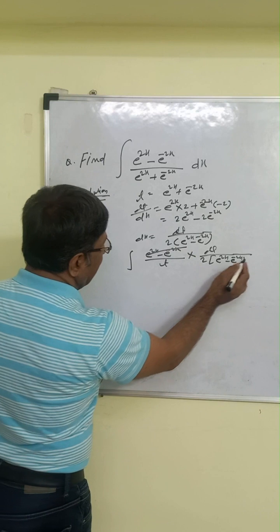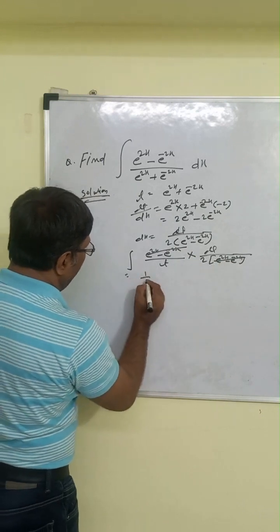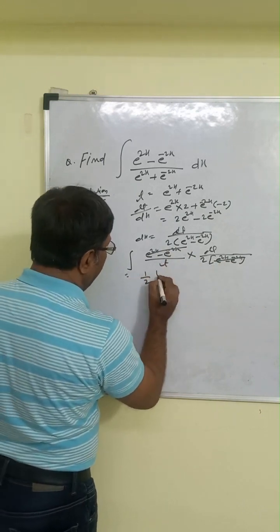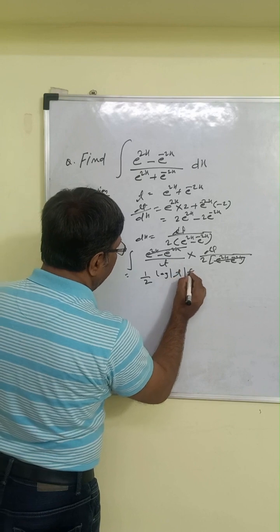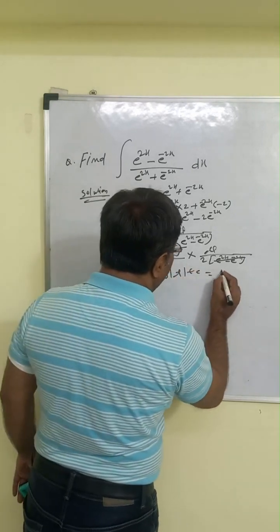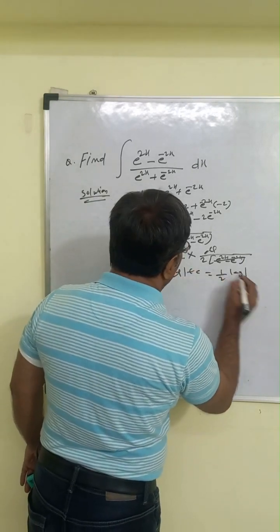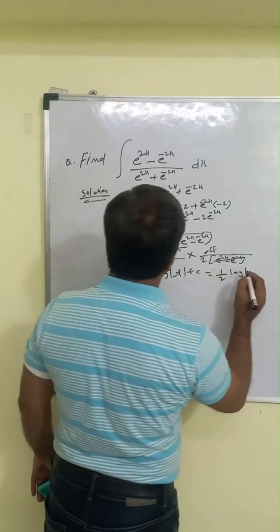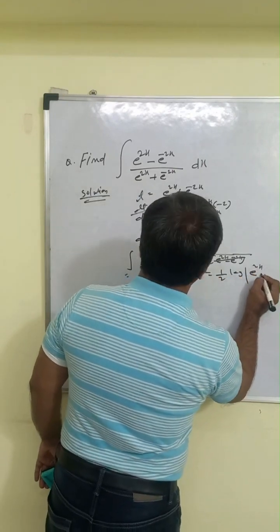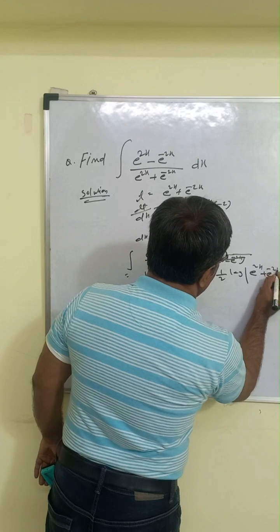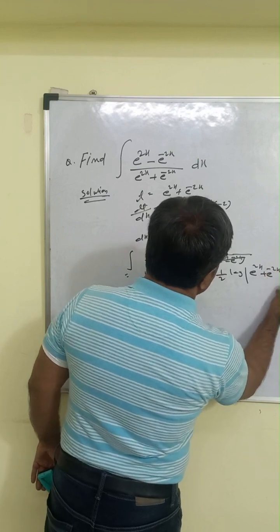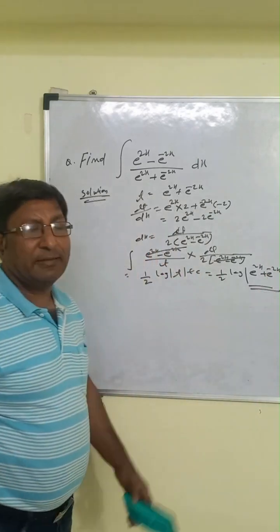So this and this cancel. 1 by 2 is a constant, and the integration of 1 by t is log t plus c. So the correct answer will be 1 by 2 log of t, where t is e to the power 2x plus e to the power minus 2x, plus c. This is our correct answer.